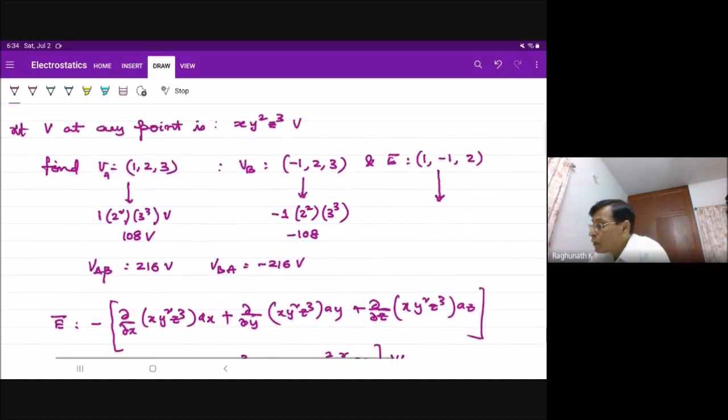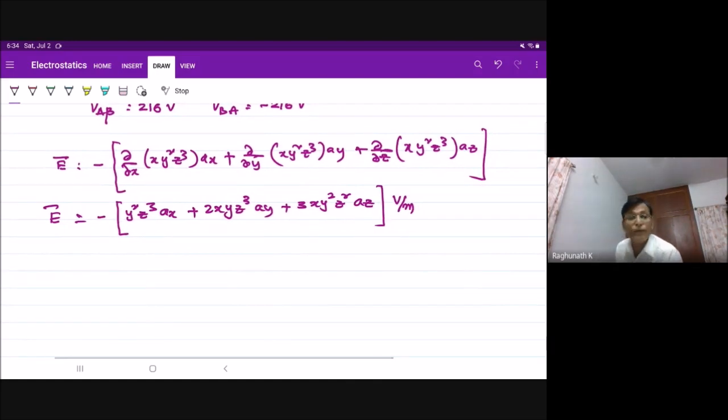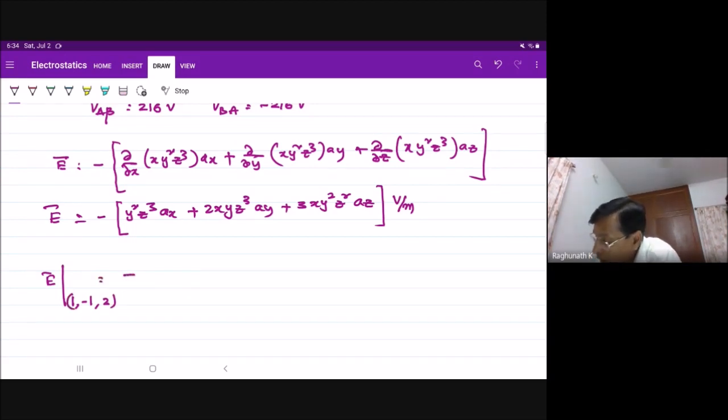At 1, minus 1, 2, what is it? E bar at the point 1, minus 1, 2 is minus of minus 1 squared into 8, minus 8 ax. You agree with this? Next component, 2 into 1 into minus 1 into 8, minus 2 into 8, plus 16 ay, correct?